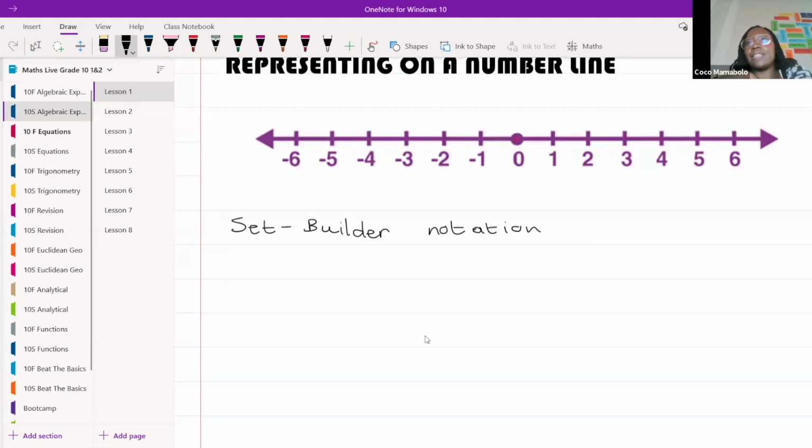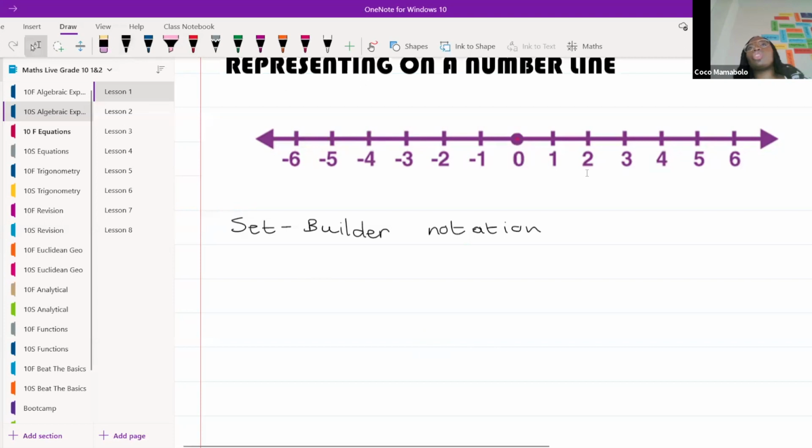Correct, Abu, that's it. They should be able to read it and solve it. The idea of maths is that every single country speaks the same math language. So we're going to try our best to use as little English as possible, and this is where set builder notation comes in.